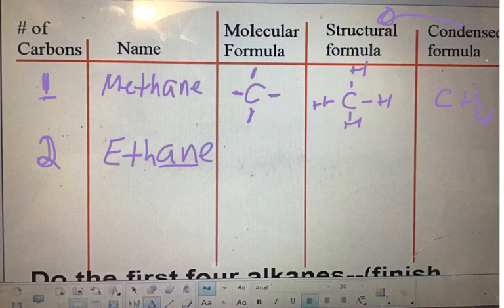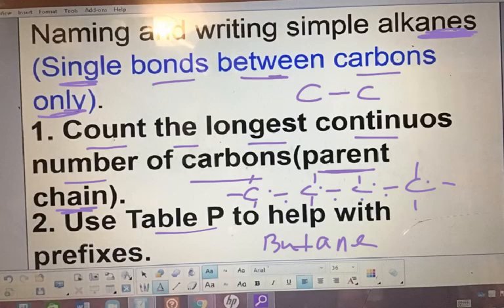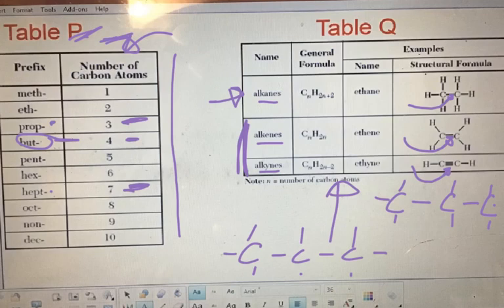So I write 2 carbons down for my molecular formula. Now, this molecular formula ultimately is going to be C what? C2. Now, how many hydrogens am I going to get? We're going to use this formula right here, guys, to get our molecular formula.